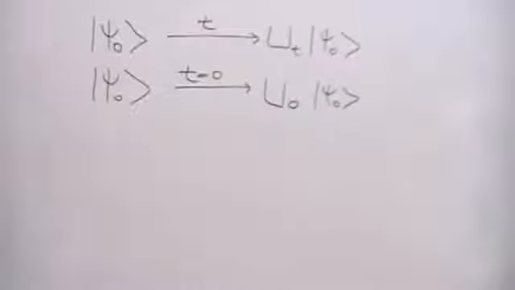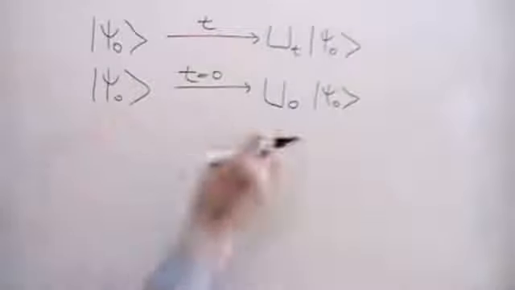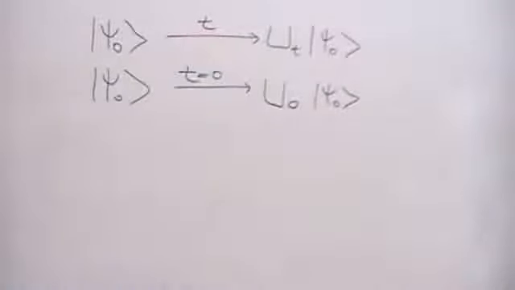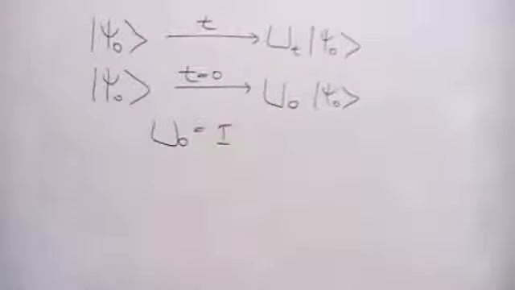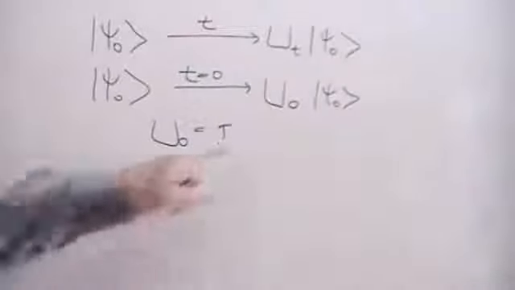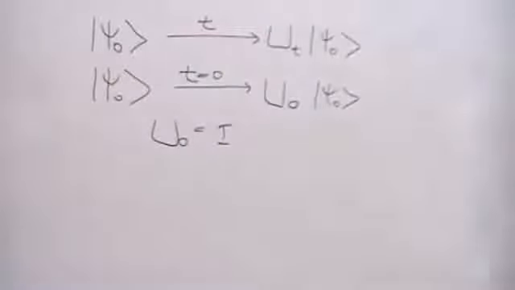Well, if you don't let any time go past at all, then psi 0 doesn't change. Consequently, U_0 must equal the identity operator, because the identity operator acting on psi 0 just gives you psi 0. So we know that the unitary matrix, when no time has gone past at all, is simply the identity operator.